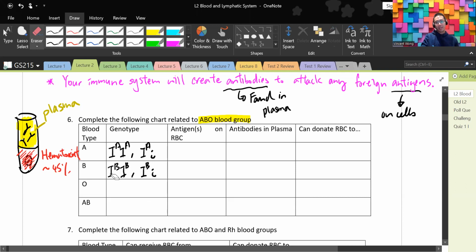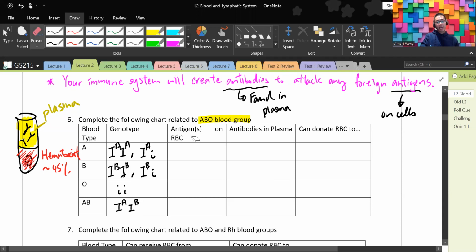You don't know if I'm IBIB, homozygous, or IB small i, heterozygous. Same thing for A. But if I tell you my blood type is O, then you know for sure I am little i. Same thing for AB, then I know the person is IAIB.